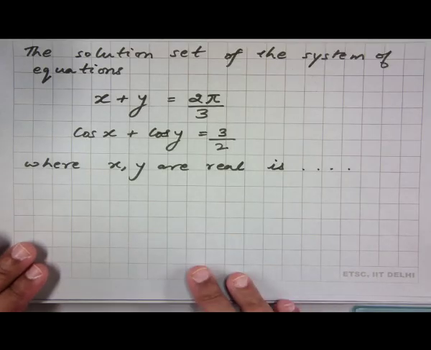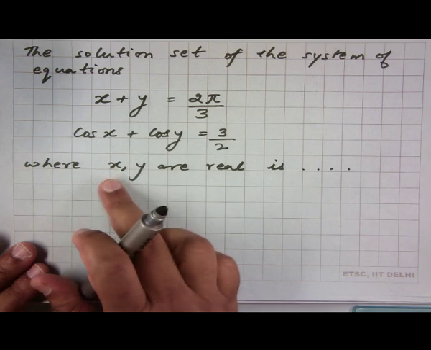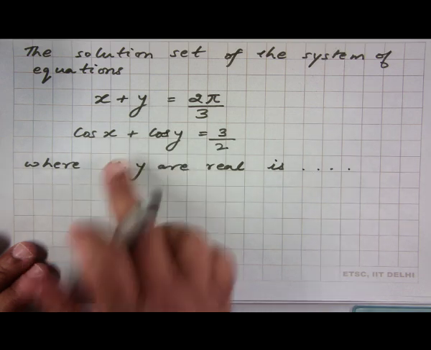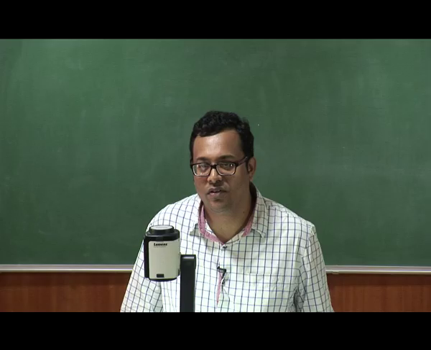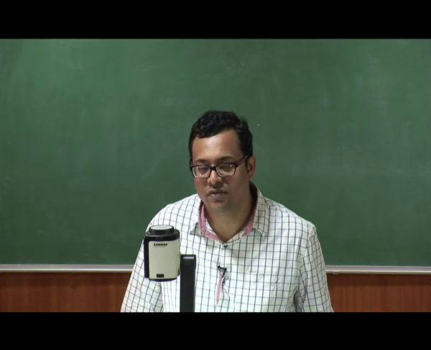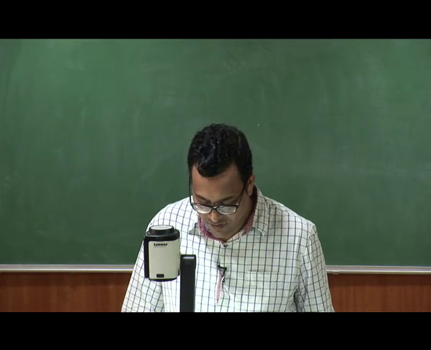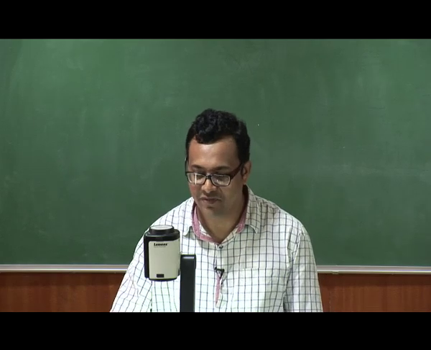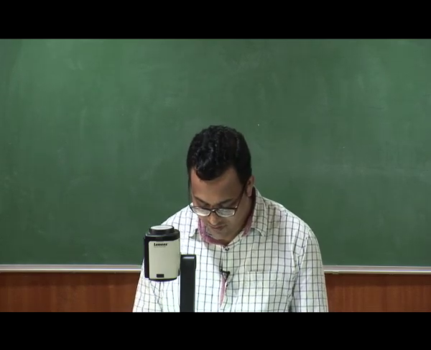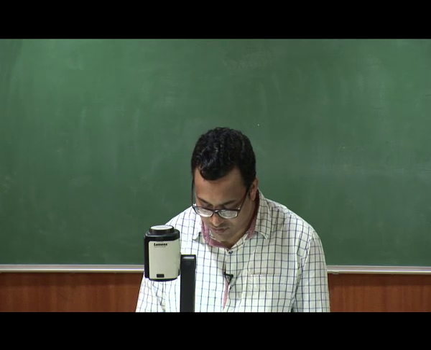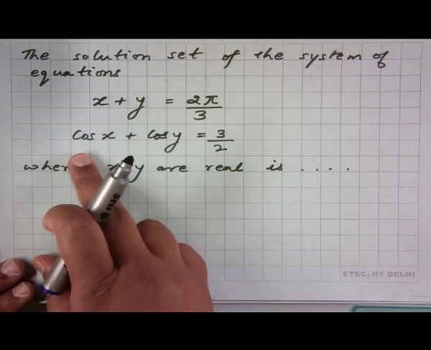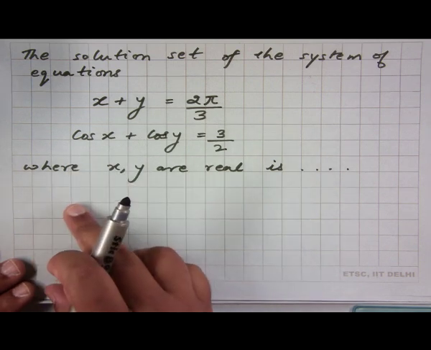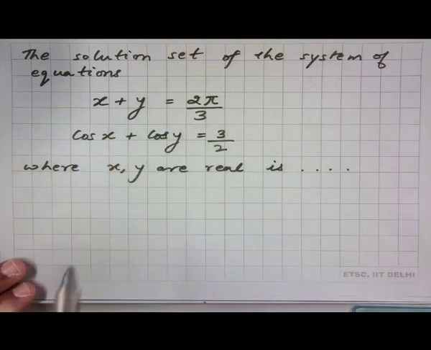So, here we are asked to find, now if you see we have two variables, whereas what we have been studying so far was to solve trigonometric equations where we have only one variable. So, initially it might seem very tough, but then we can do some substitution and get the solution. So, we have to find the solution set of this system of equations.